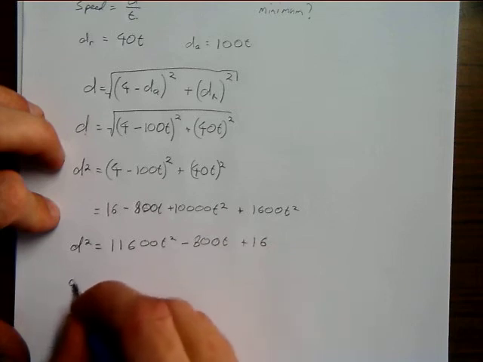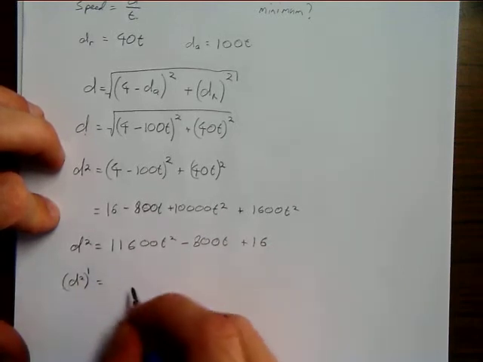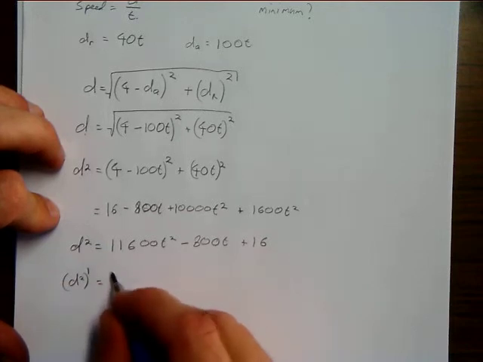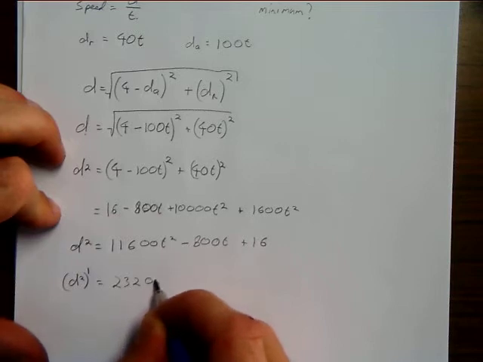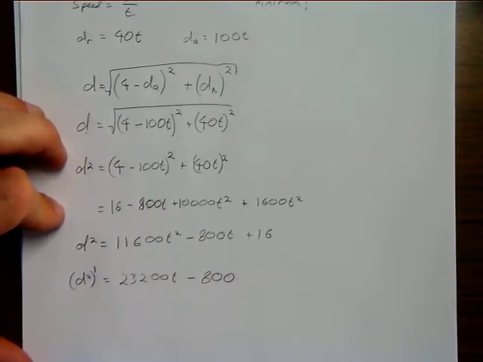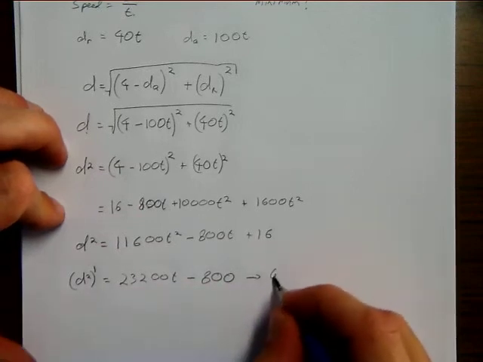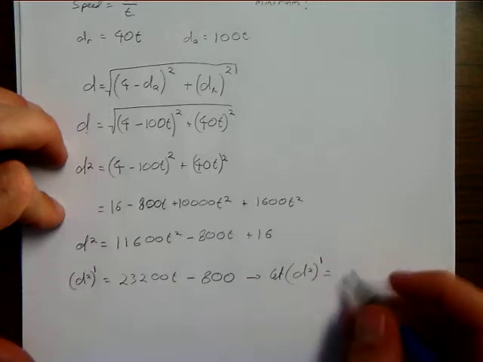So d squared dash, the derivative of d squared, is going to be 200t, take 800. And we're going to let d squared dash equal 0.